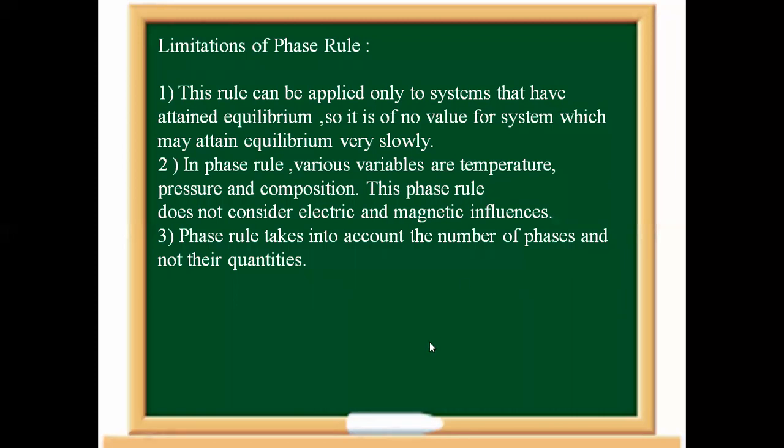So here the phase rule has a little bit of a drawback, because phase rule explains only the equilibrium state where there are variables temperature, pressure, and composition, and there is no discussion about electrical and magnetic forces. That is the only drawback. Over here also it takes into account only the number of phases and not their quantities.